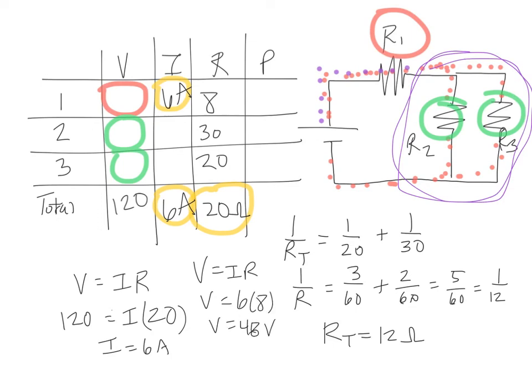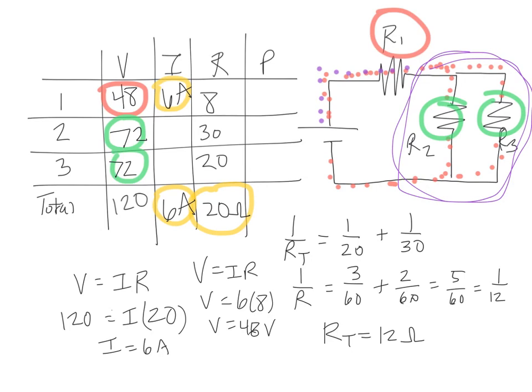So I know 48 volts out of the 120 got used. Well, that means there's 72 volts left. And 72 volts will go either for R2 or R3. They're in parallel, what we call branches. So that means they each get the same. They're not the same as R1 because they're not in parallel with R1, but they're in parallel with each other, so they get the same as each other.